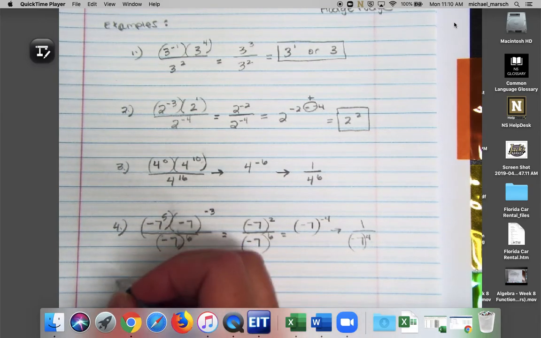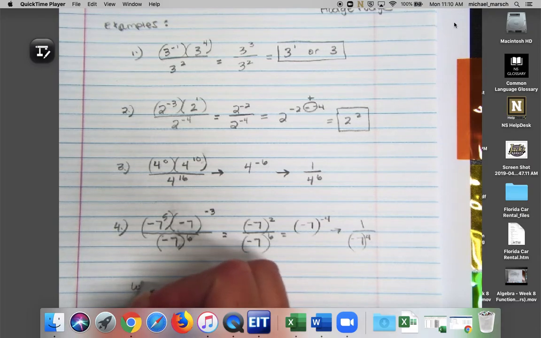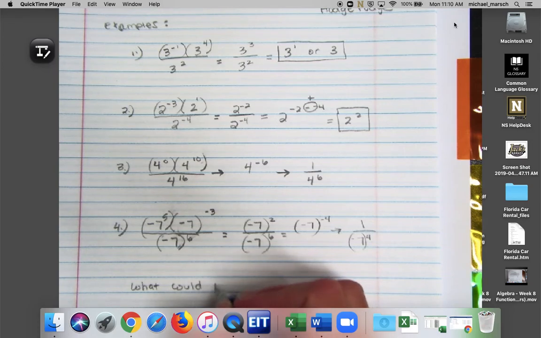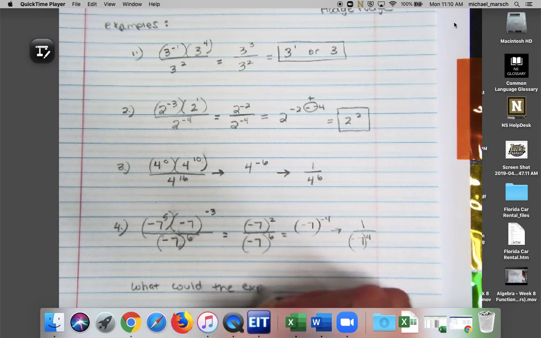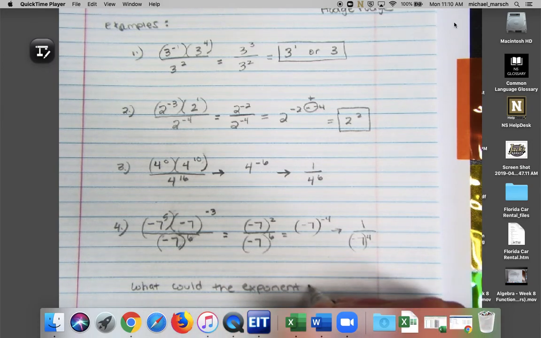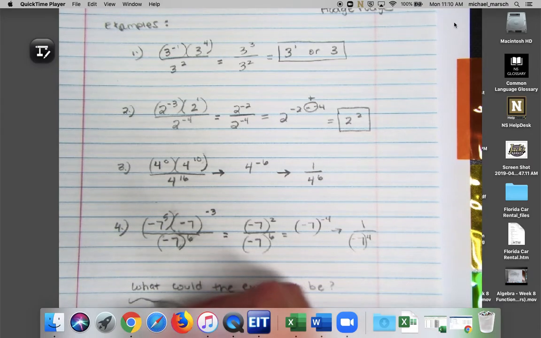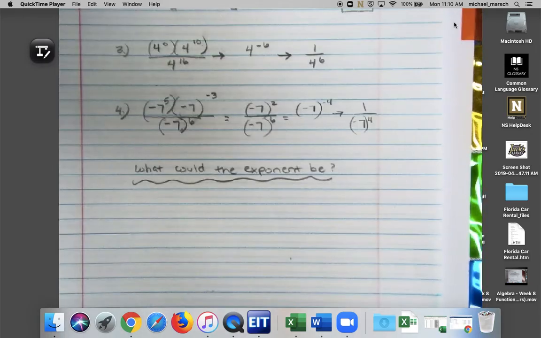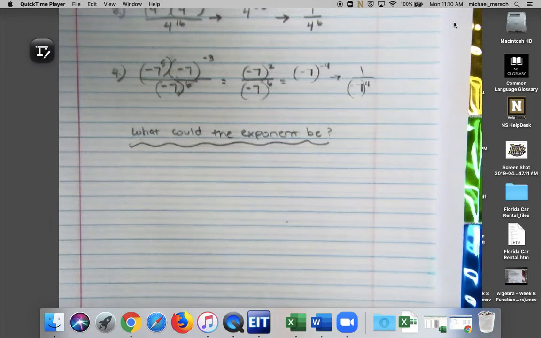All right, so now we're going to do a little game called What Could the Exponent Be? This is fun. What could the exponent be?